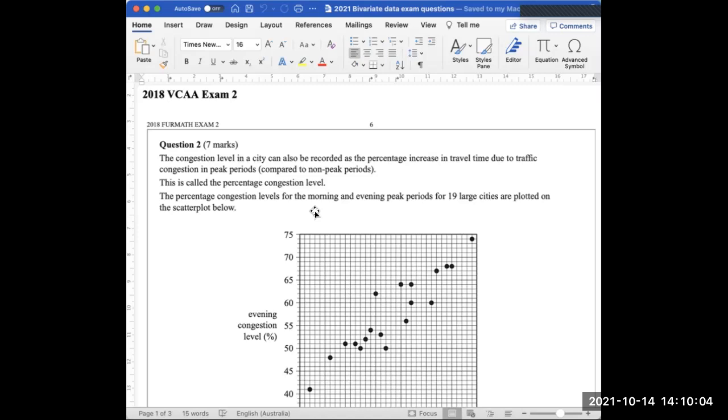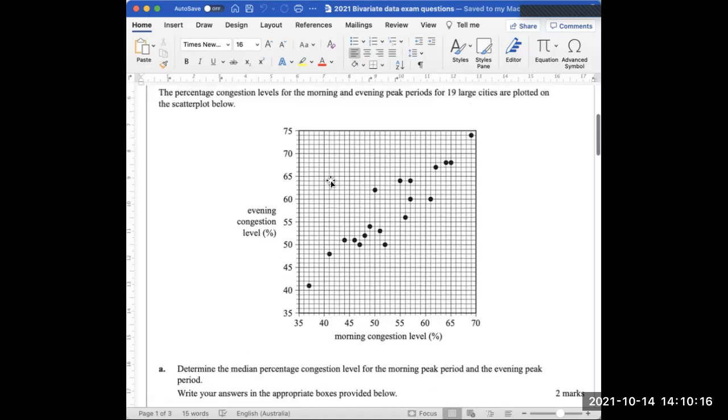I'll copy and paste this and I'll put this on Compass once the lesson is done. For exercise 3G, I've already picked out the questions that I'd like you to complete for homework.